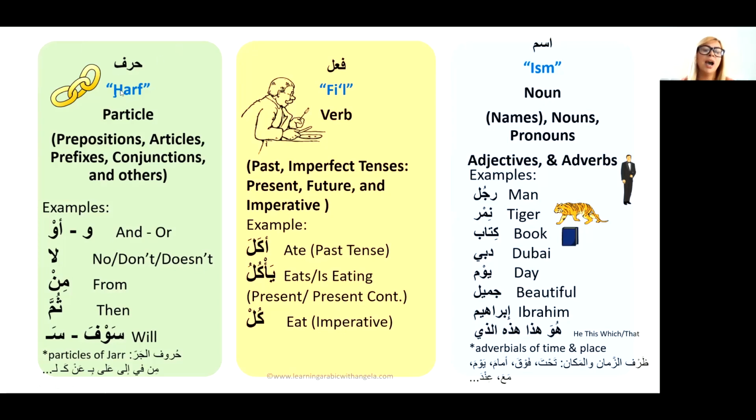So حرف, الحرف is particle, such as prepositions, articles, prefixes, conjunctions, and others. For example, when we use wa or أو, which means or, la, which means no or don't, doesn't, min, thumma, we spoke about سوف and sa just now.